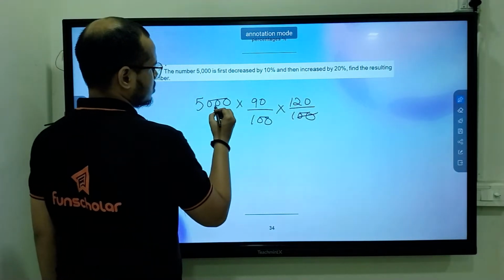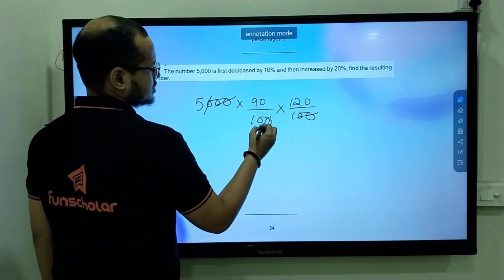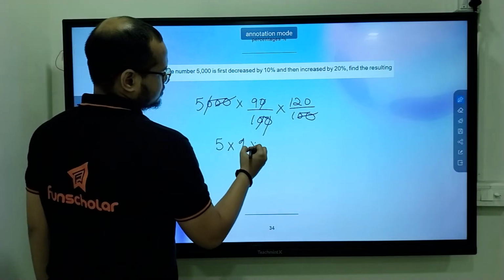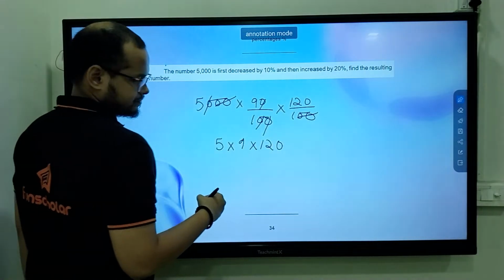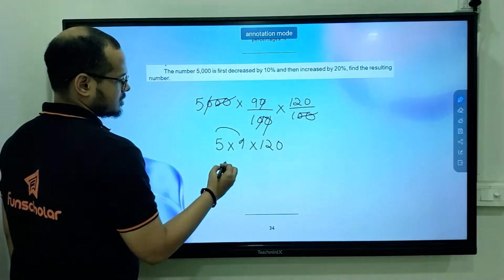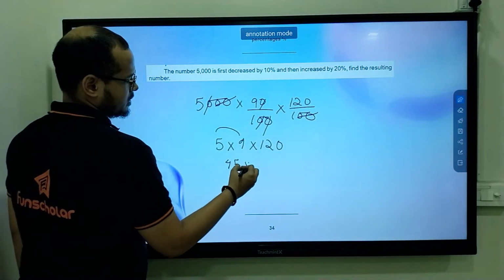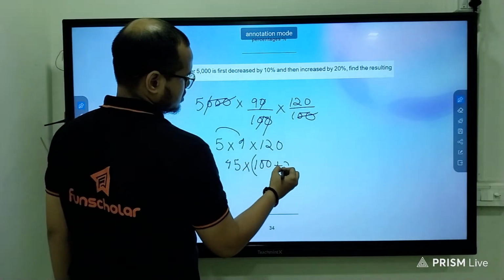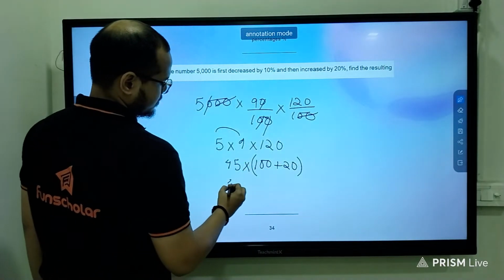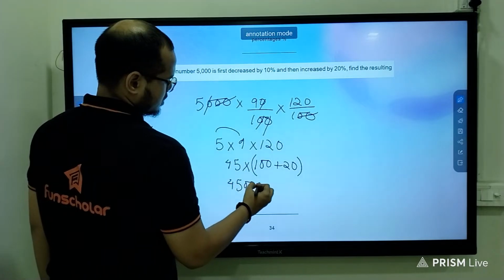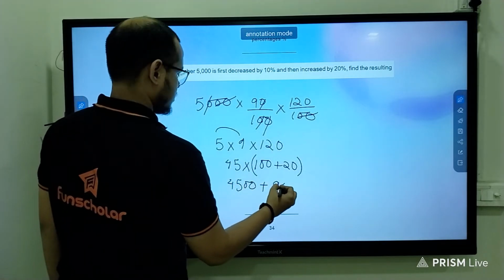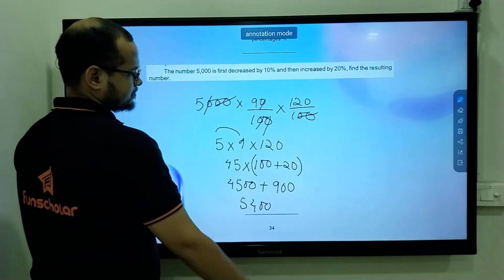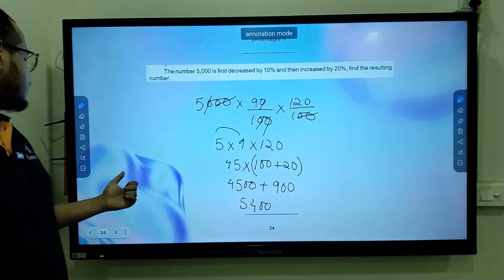Two zeros gone, two zeros gone, 10 10 10 10, so remaining with 5 into 9 into 120. 5 nines are 45. 45 into 100 plus 20, so 4500 plus 900, 5400. Basic methods as well.